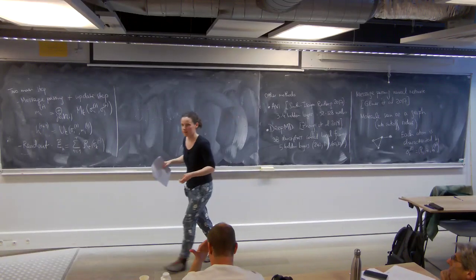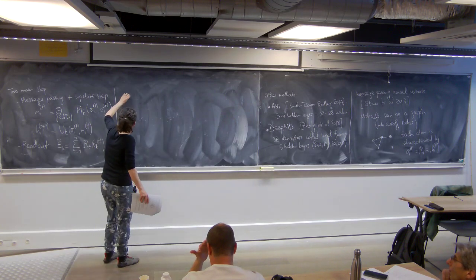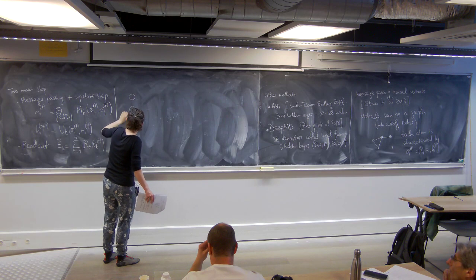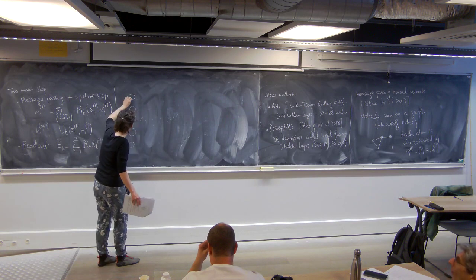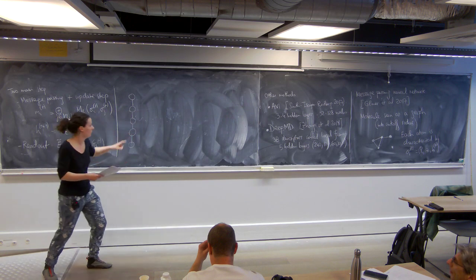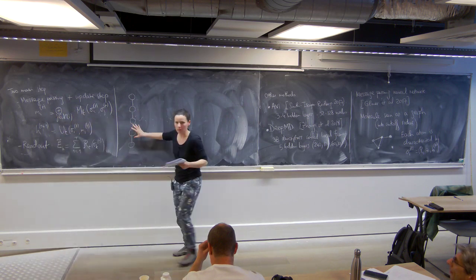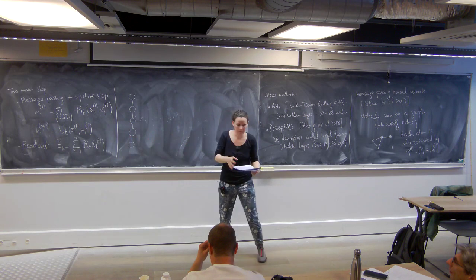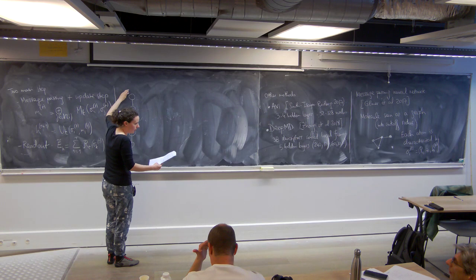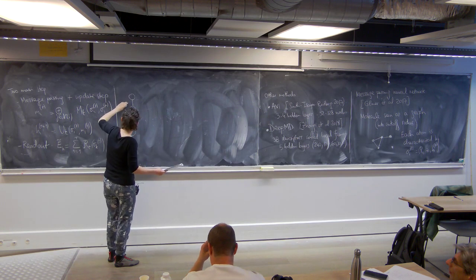Let's say that this is my molecular graph. This is my molecule, and at step 0, let's say I have 5 atoms.